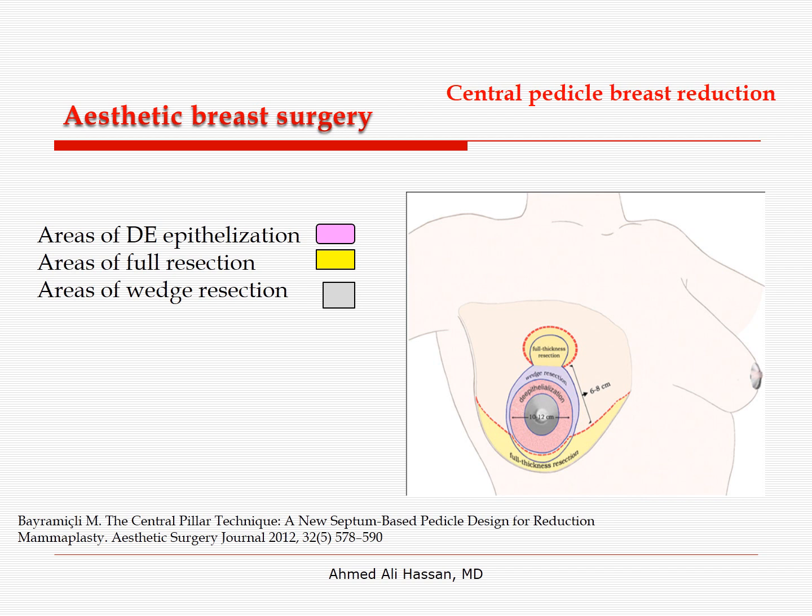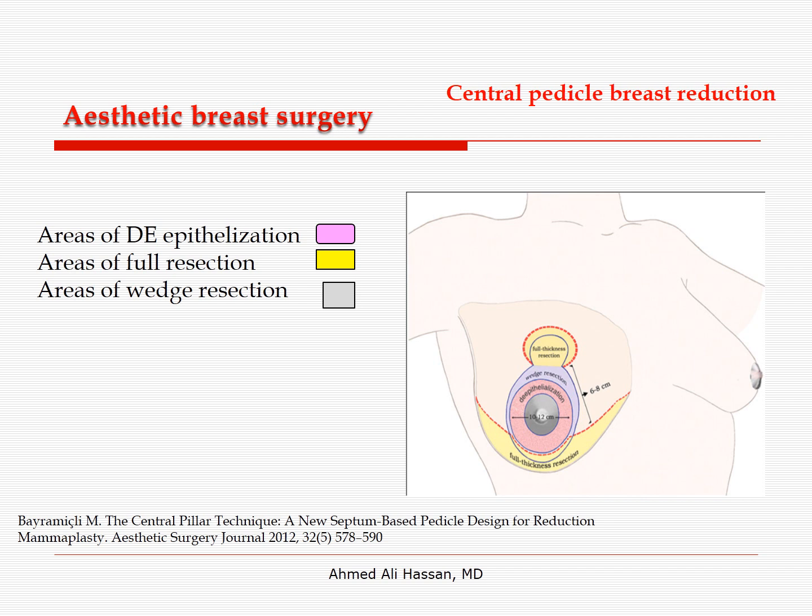is sufficient to save and protect the vascular supply that comes through the septum, and the vascular supply that comes from the posterior to supply the central pedicle, and as well to protect the nerve supply that comes through the fourth intercostal nerves, which run within the pectoral fascia and come to supply the nipple areola complex.